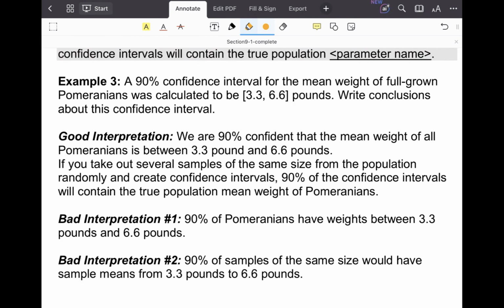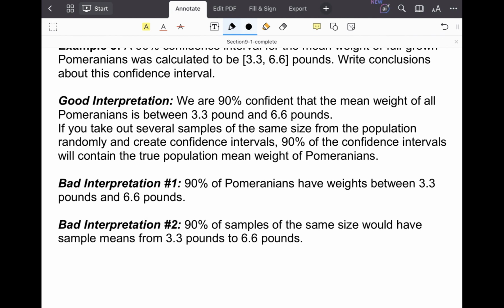One thing with this, I think that makes errors a little bit clearer. If you read this or interpret this in a different way, 10% will not contain the population mean weight. So there's always a chance that your confidence interval doesn't actually contain that population mean. So always keep that in mind. A confidence interval is a great estimate, but it can be wrong.